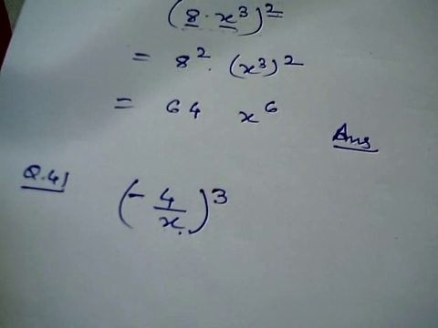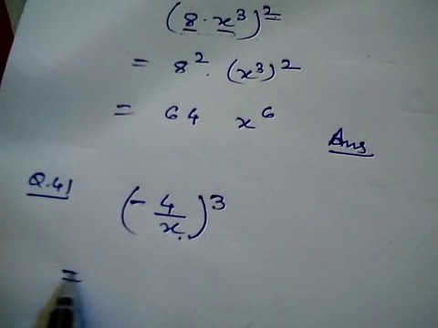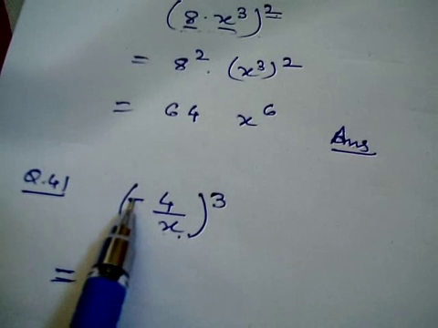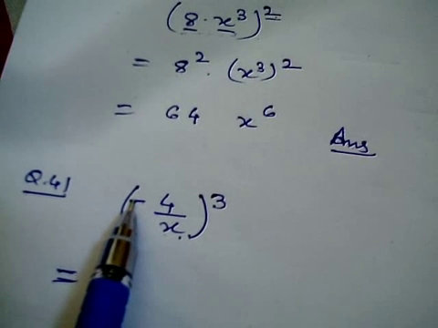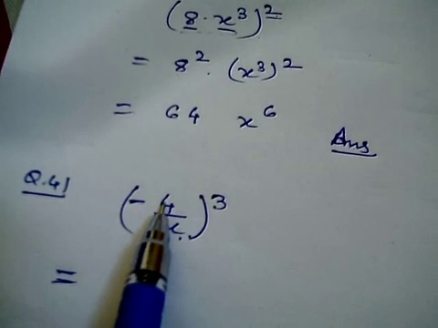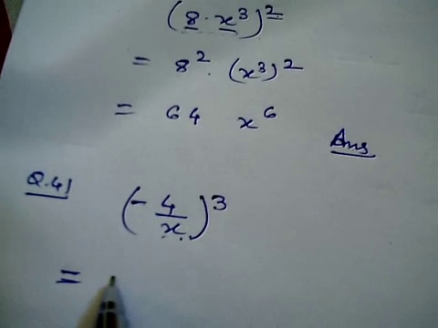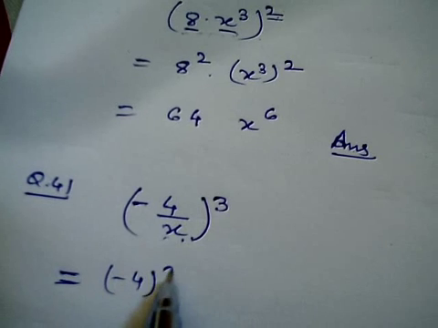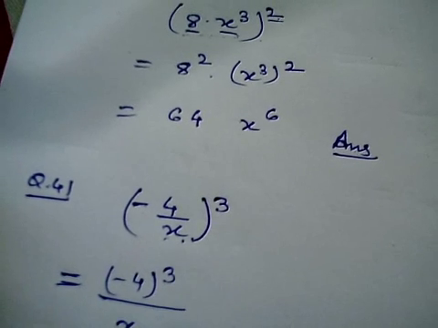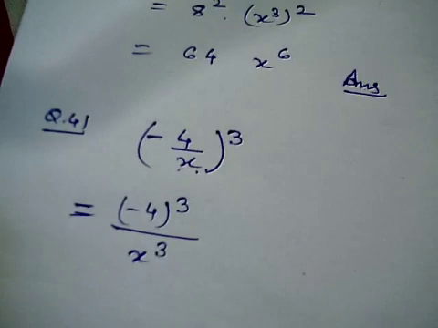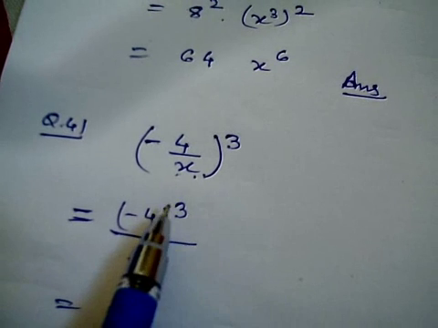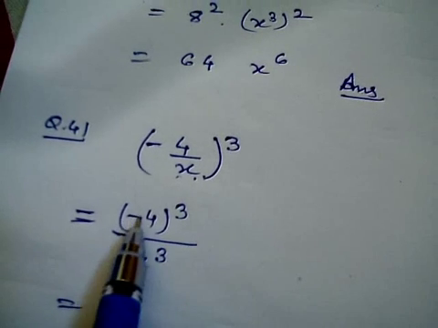But the problem here is the negative sign. The negative sign you can take either with this number or with that number, so I am going to take it with this number. So negative 4 to the power 3 over x to the power 3. Now negative 4, the power 3 is an odd number.